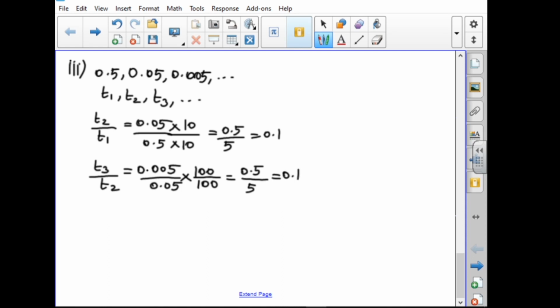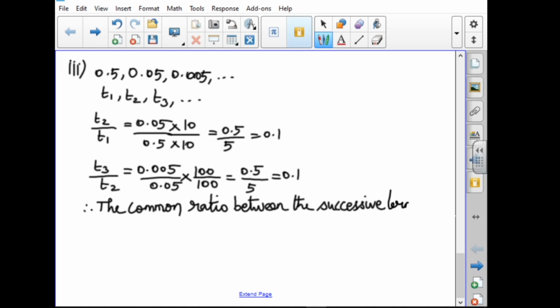Here the common ratios are equal. Therefore, the common ratio between the successive terms is equal, so it is 0.1.